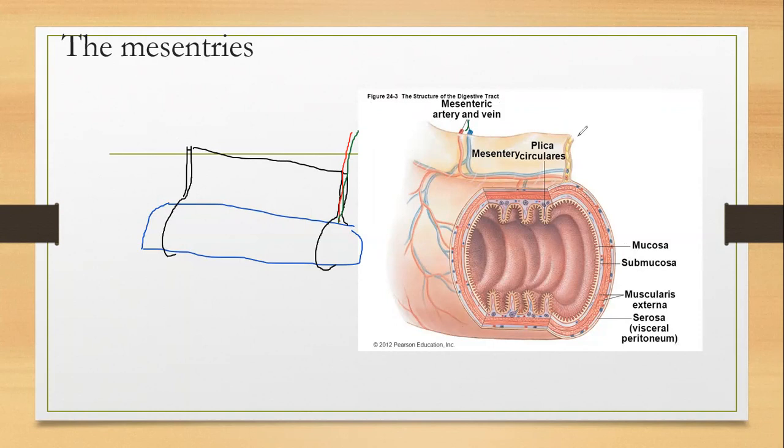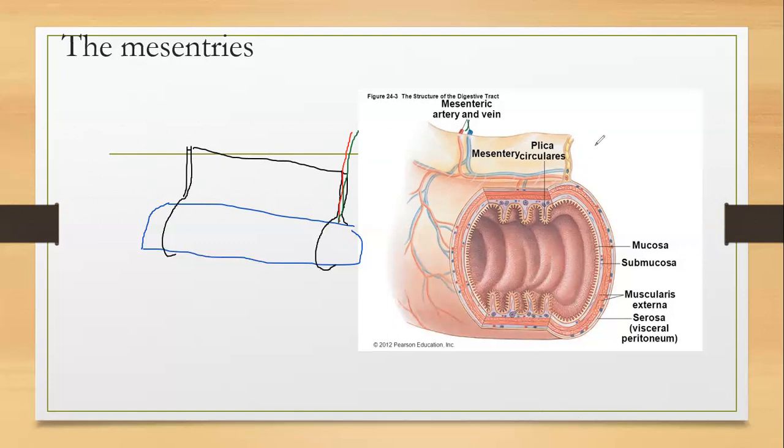It is important because these two layers of the sheets form the mesenteries. They are the ones which hold your intestines so that they don't fall off. Otherwise, if we didn't have the mesenteries holding the intestines in place, every time you wake up and start walking, all your intestines would settle to the bottom of the peritoneal cavity.